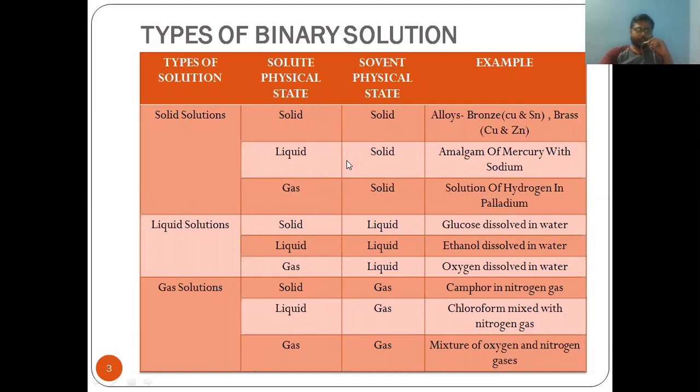If we observe the second type of solid solution where solute is liquid, we can consider amalgam, that is liquid mercury with any solid metal. We can consider this as the best example of this type. Here I have mentioned amalgam of mercury with sodium, a homogeneous solution, which can be taken as the example for the type. The third type of solid solution is where solute is gas.